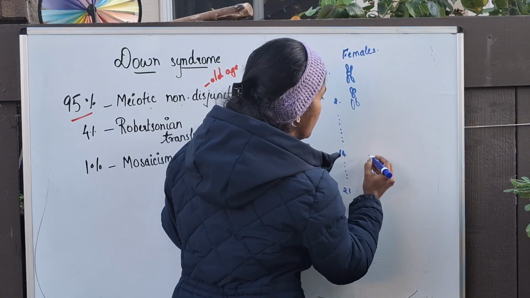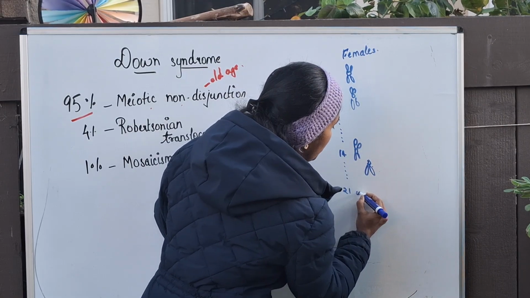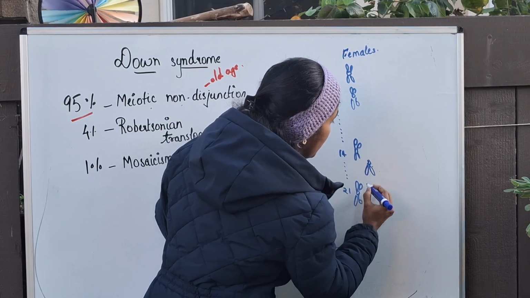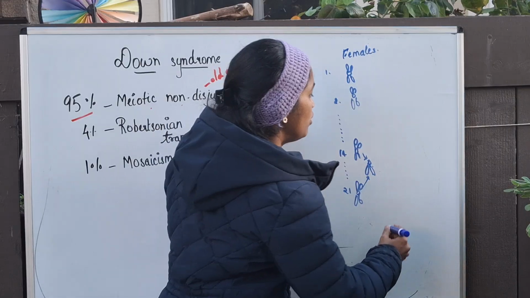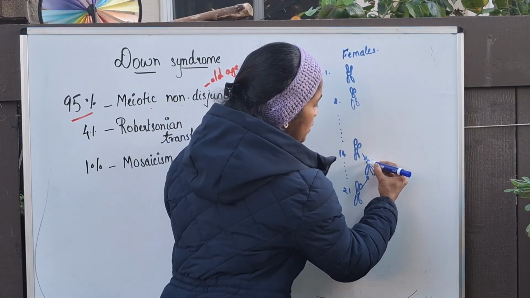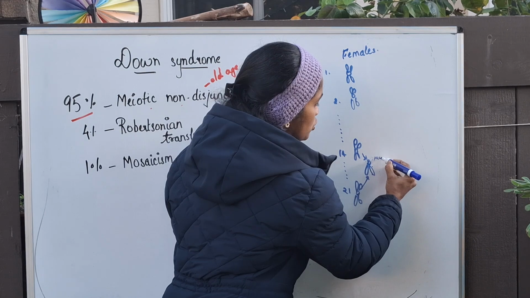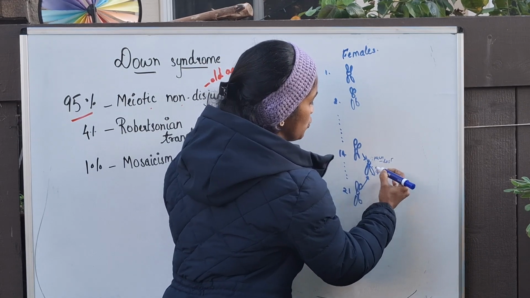The 14th chromosome and the 21st fuse such that they are like this. So they will lose the short arm. Here they are supposed to have the short P arm, right? The P arm is lost, and they have only the long Q arm, which is fused.